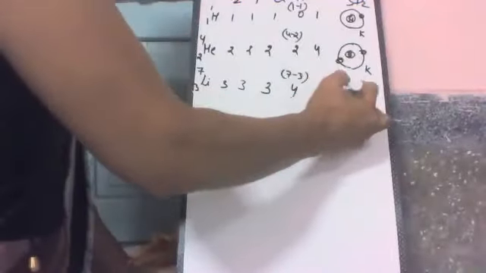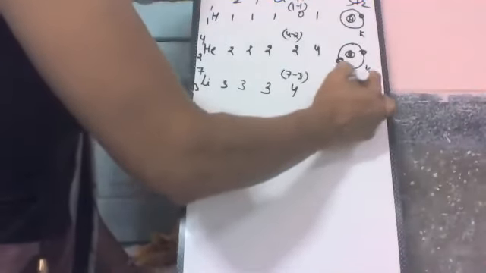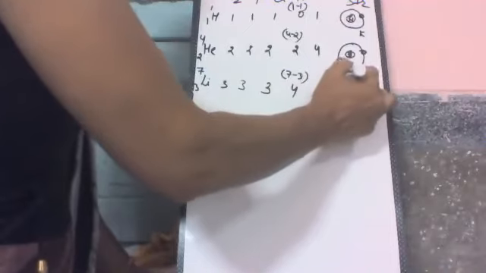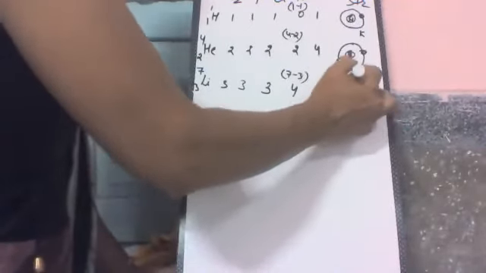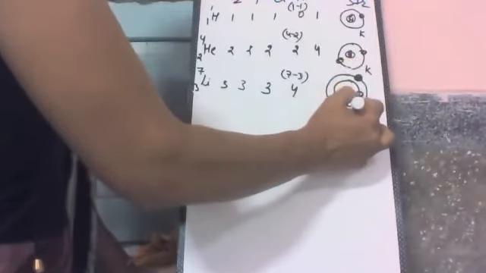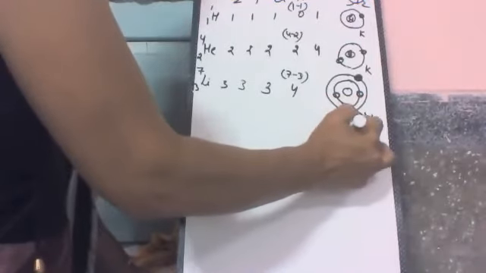And the electronic configuration, electronic structure: the nucleus, the first shell, and this is the second shell. The first shell has 2 electrons and the second shell has 1 electron. This is the K shell and this is L.